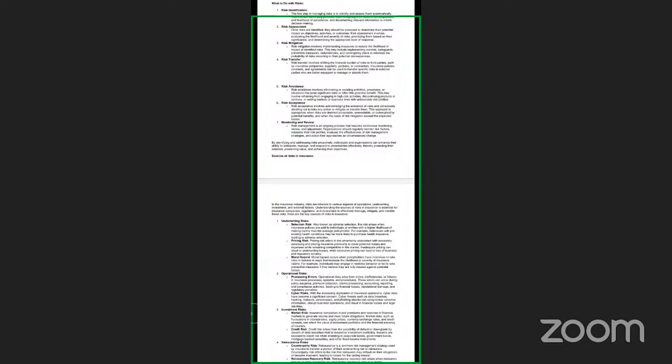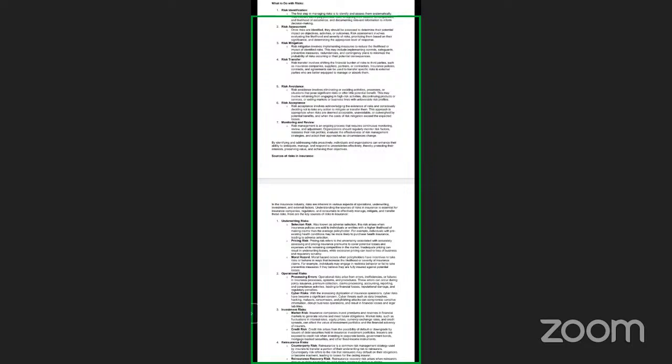If the health insurance companies provide them, then it will cost a lot for the insured. So, by identifying as well as by assessing the risk, the insurance companies can take some controlling measures in the form of risk avoidance. They can go on to avoid risk.